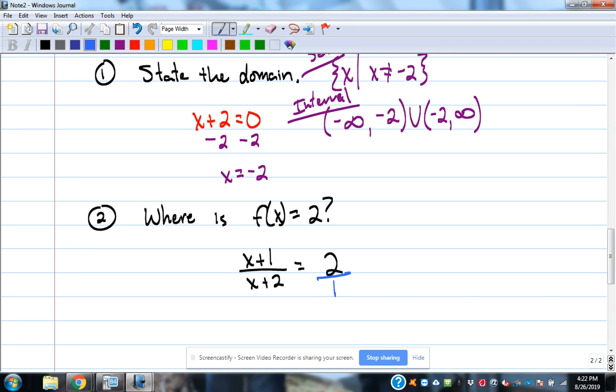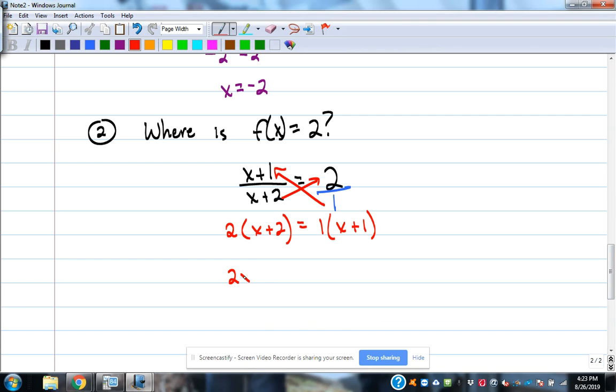Cross multiply. You may remember hearing that word. Cross multiply, cross product. So it's bottom times top, bottom times top. So you got 2 times x plus 2, and then 1 times x plus 1. And so that's going to give us 2x plus 4 is equal to 1x plus 1.